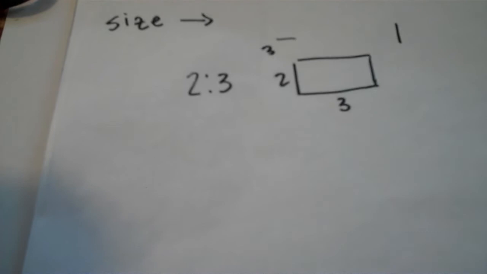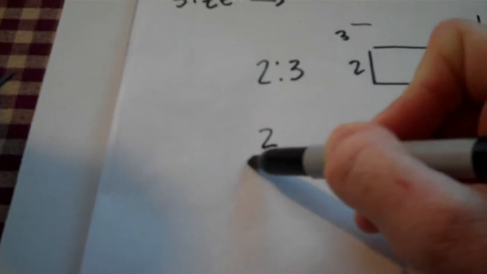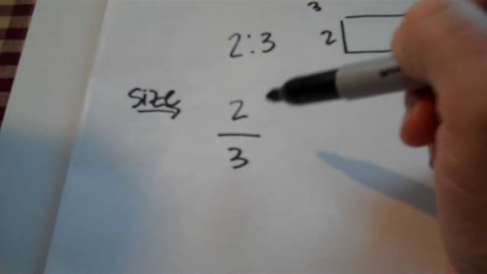And the way you figure this out is we take our 2:3 and make that into a fraction, 2/3. Now remember, this top number is going to be our size that we set the square to on our screen using a little pencil.